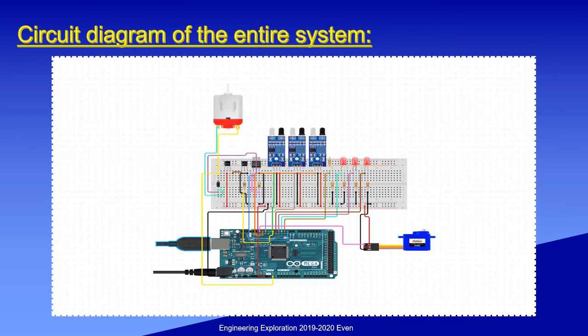As I told, we have used three IR sensors, one for checking the availability of plate, second for checking the availability of girmit in the container, third for checking the availability of garnishing item in the container. One DC motor is used for rotating the disc to dispense the girmit, servo motor for the flap to open in the container for dispensing garnishing item. We have also used a buzzer for process completion indication and some LEDs for other indications.